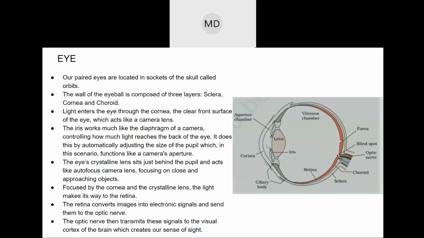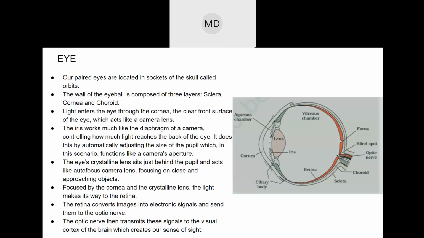This is a 2D diagram. In 3D, if you take a mirror, go into the sunlight and then go to a dark place, you will notice the difference. The black hole in between will become big in the dark, and in the light it will become small.